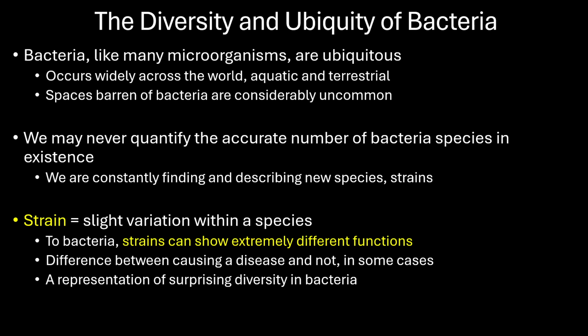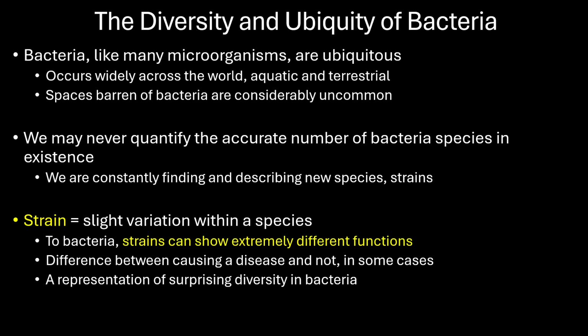Now, bacteria, like many microorganisms, are what we would call ubiquitous. They occur everywhere, all around the world, in virtually every environment you can imagine. It's very rare to find a place that is actually devoid of bacterial life. And we may never even really know how many species of bacteria there actually are.